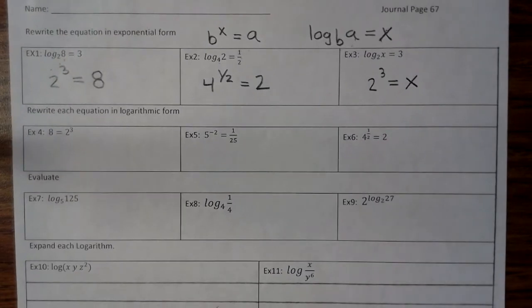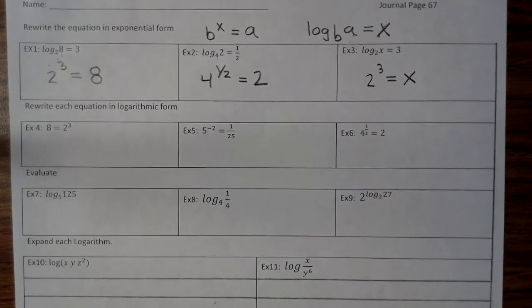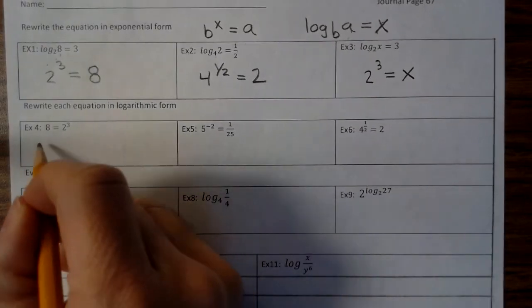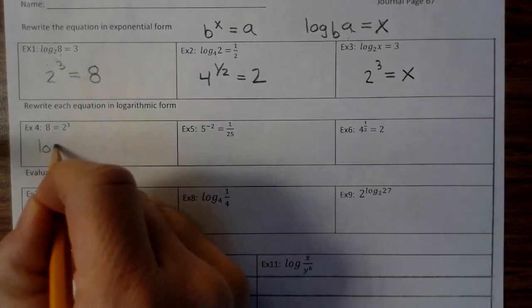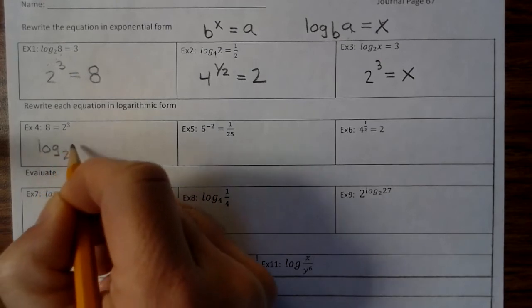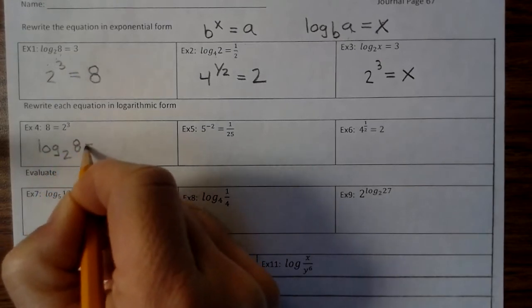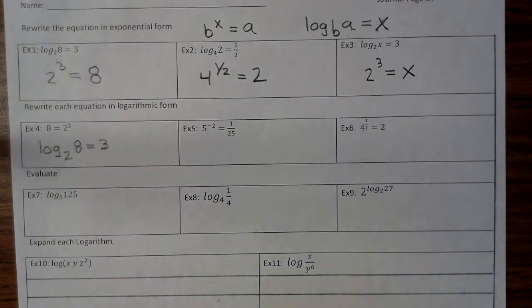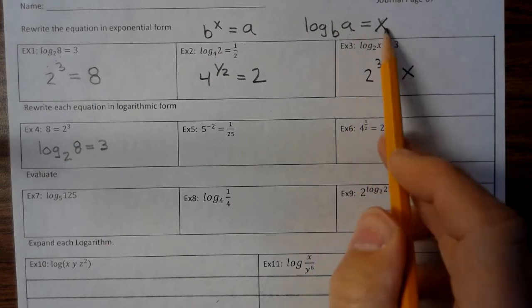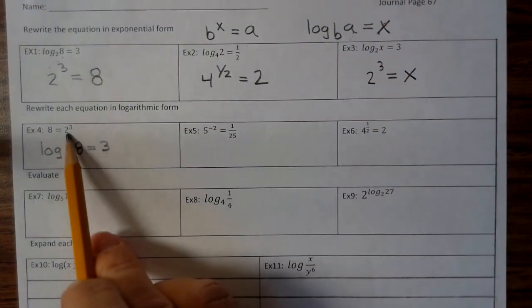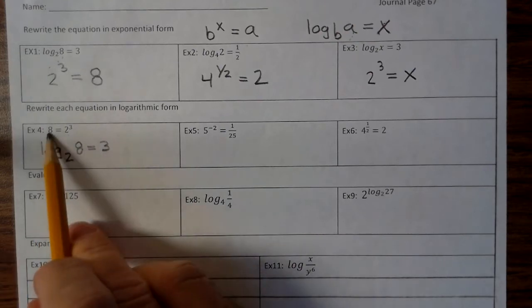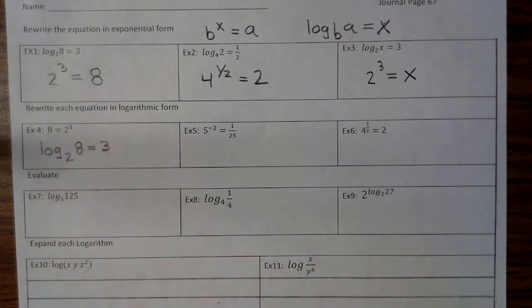Okay, rewrite each equation in logarithmic form. Okay, so this would be written as log base 2 of 8 equals 3. And the reason being is we know log base b of a equals x. So the b value is 2, the a value is 8 equals x.